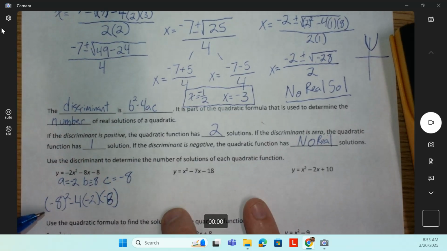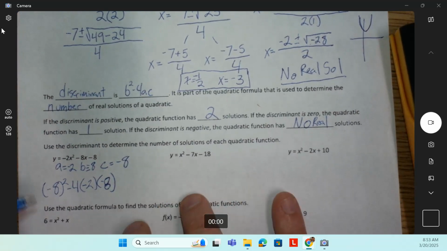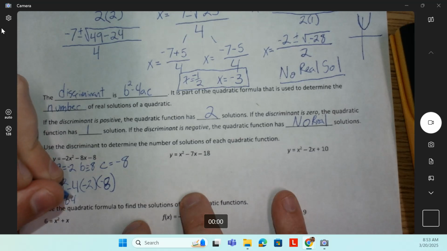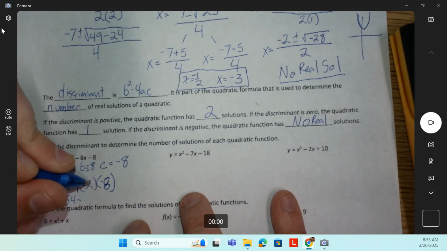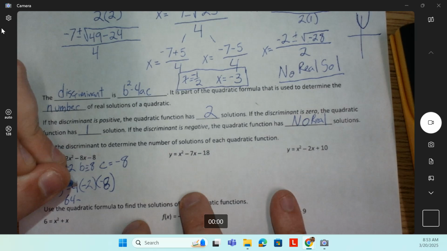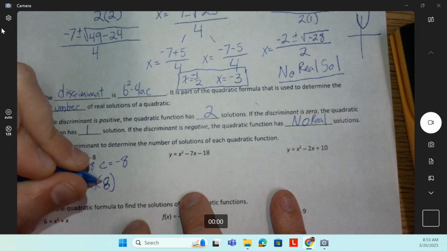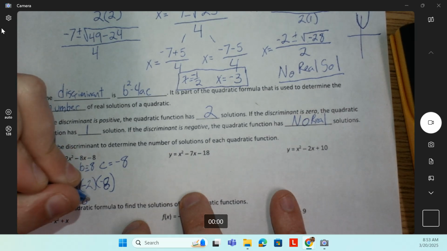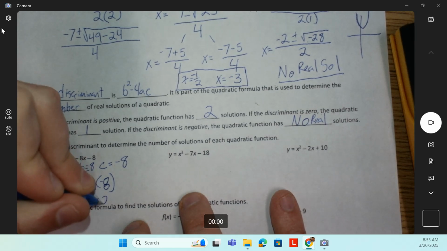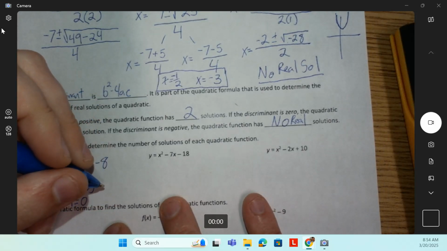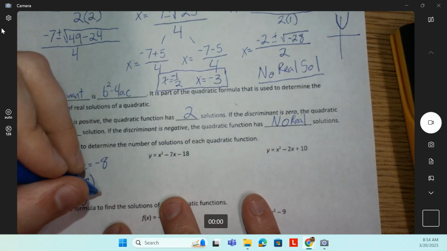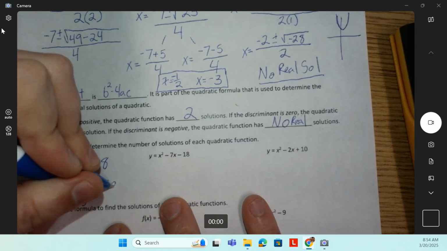Okay, and this is something we could put in the calculator. What I end up with is 64 minus 64, which is 0. So when it's 0, I have one solution.